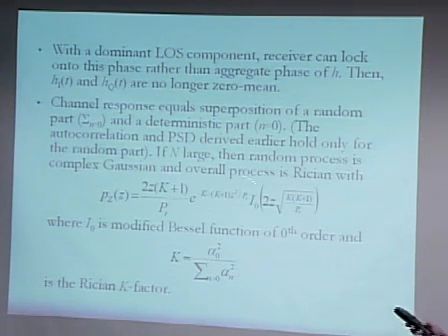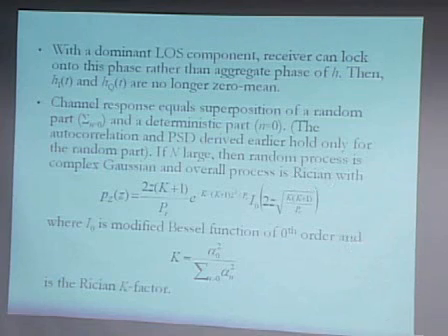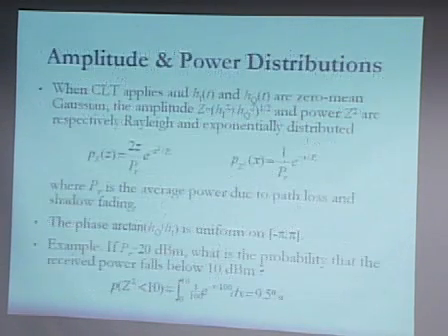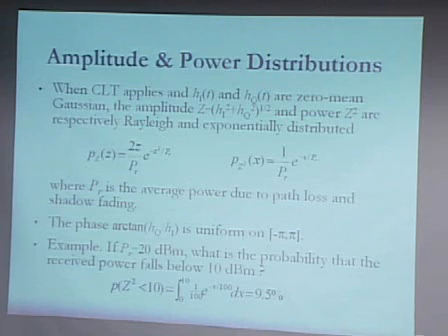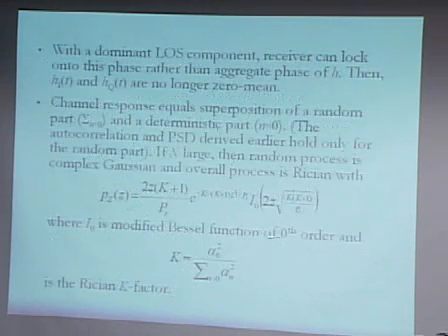So this gives rise to the so-called Ricean distribution, which was first characterized by Stephen Rice. That's why it has this name. He was a researcher at Bell Labs in the 1950s and 60s. And the PDF that we had here before for the amplitude, in the case of Rayleigh, becomes a significantly more complicated expression.